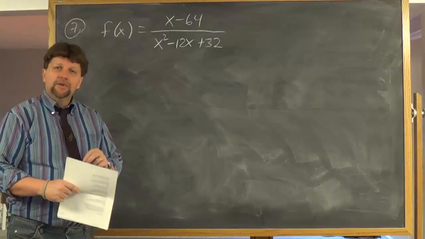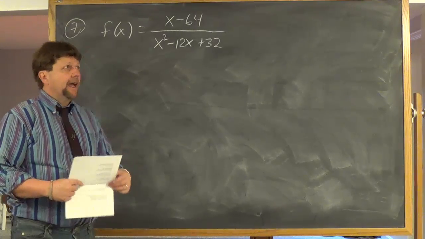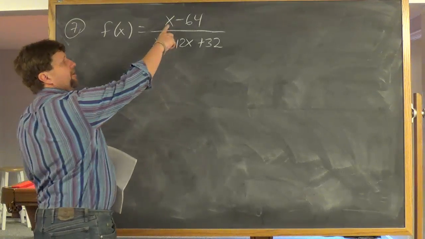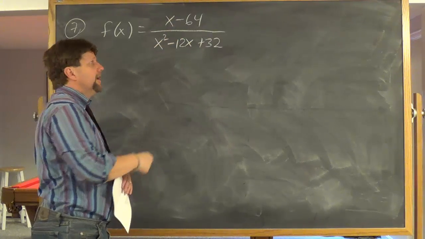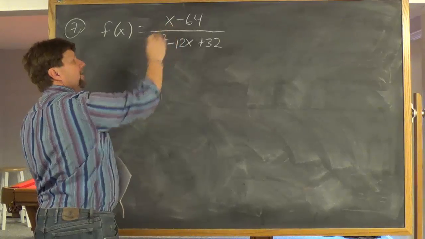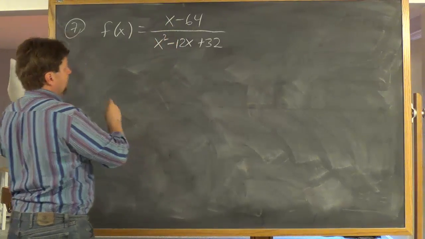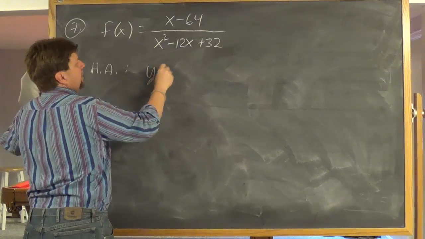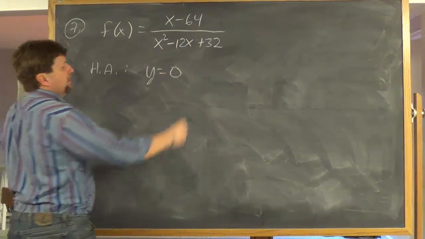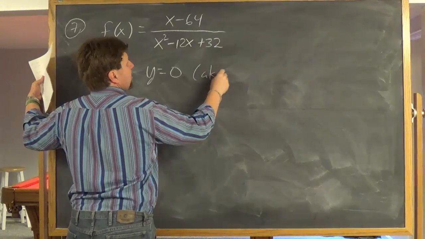It's the line y equals 0, also known as the x-axis. So here the degree of the numerator is 1, the degree of the denominator is 2. So since the degree of the numerator is less than the degree of the denominator, the horizontal asymptote is the line y equals 0. Again, that's also known as the x-axis.